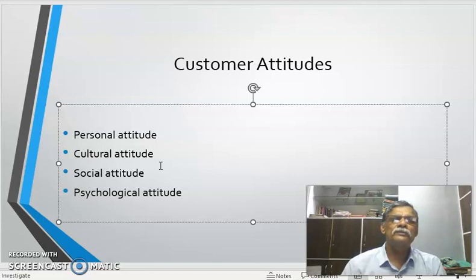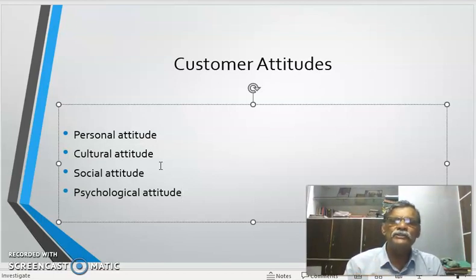Now, when we talk about psychological attitude, these types of customers can shift from one psychology to another. For example, a customer comes to you after completing his office work.